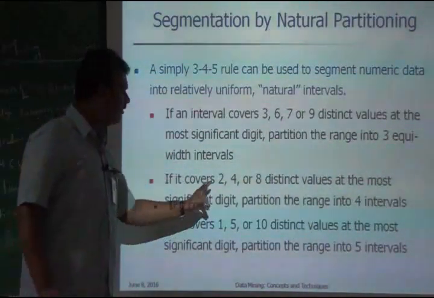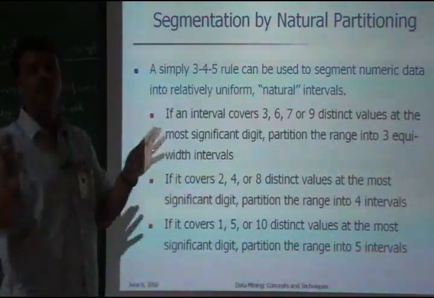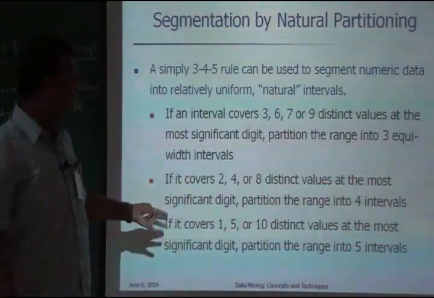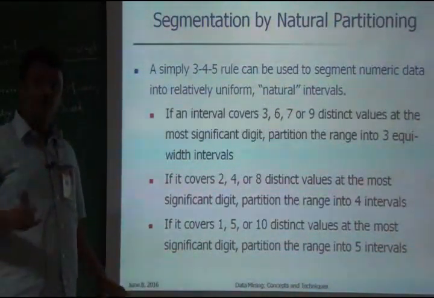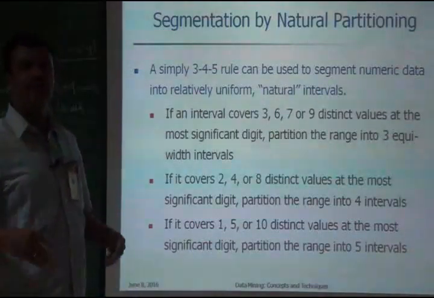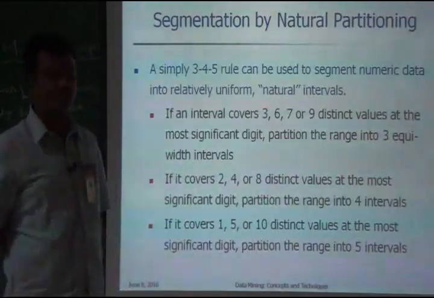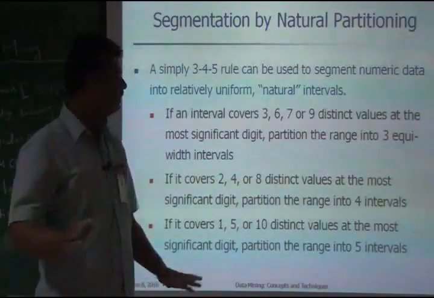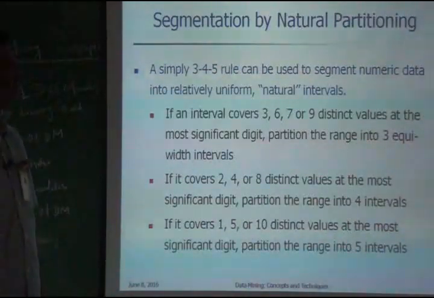If the interval covers 2, 4 or 8 distinct values at the most significant digit, we divide the range into 4 equi-width intervals. If the interval covers 1, 5 or 10 distinct values at the most significant digit, we partition the range into 5 intervals. This is one of the concepts, segmentation by natural partitioning.